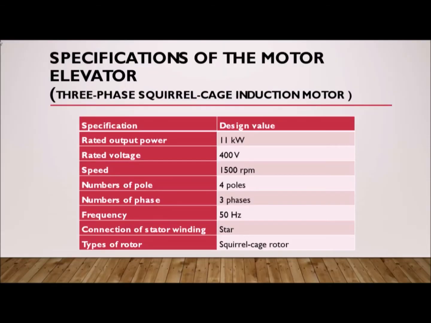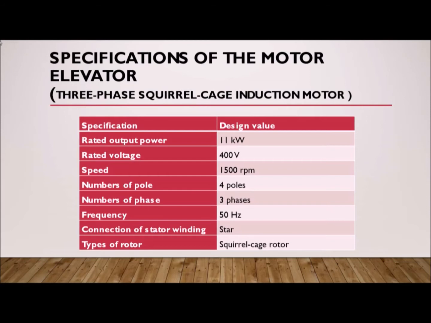Today, I will explain about the specification of the elevator motor. The motor that we use in this lift is a three-phase squirrel cage induction motor. First, rated output power, design value is 11 kilowatts. Rated voltage 400 volts.